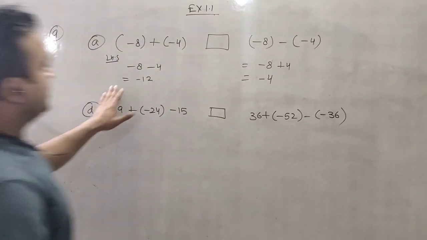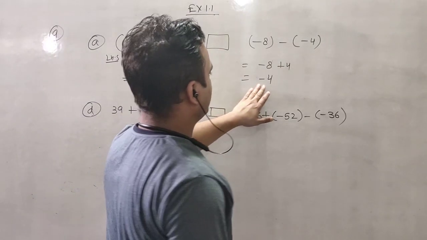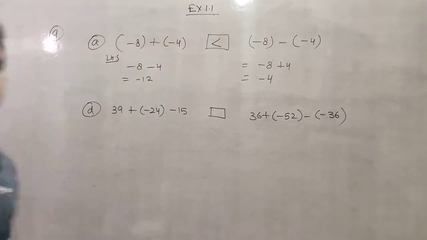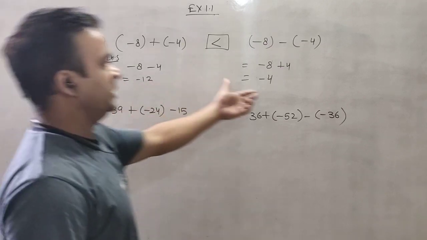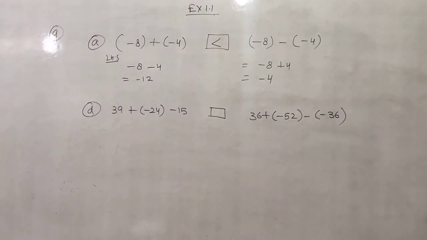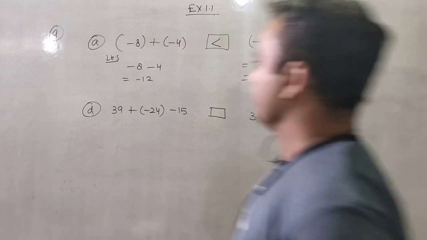So which one is greater, minus 12 or minus 4? It is minus 4. The reason is that the smaller negative number is always greater. Suppose there are two negative numbers, then the smallest negative number will be the greatest number.